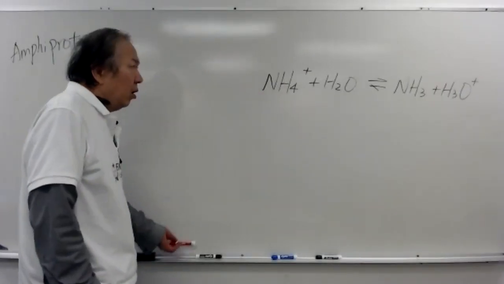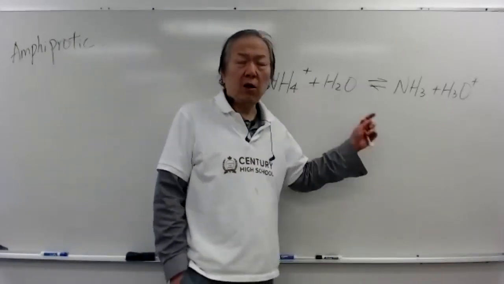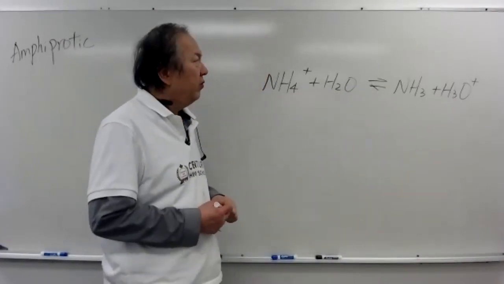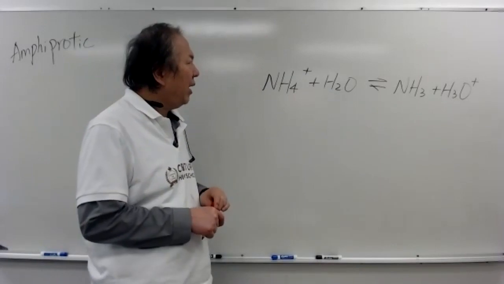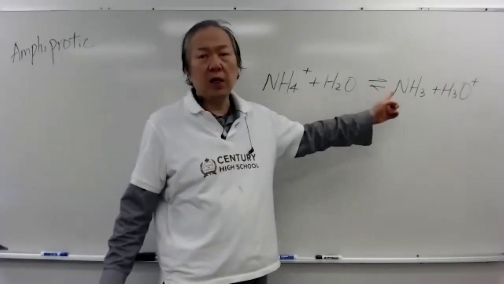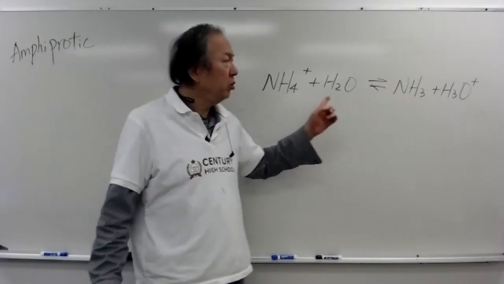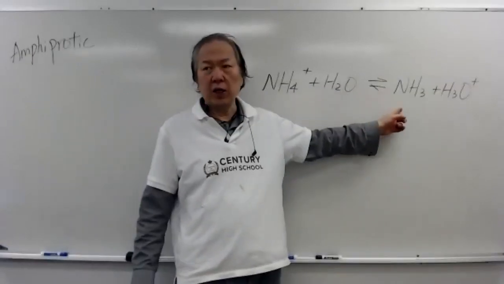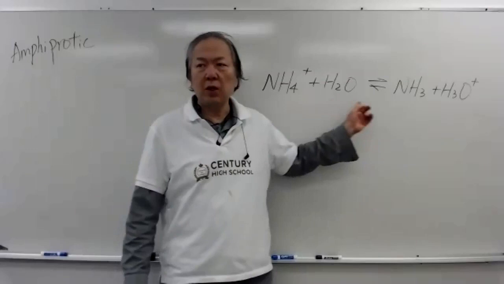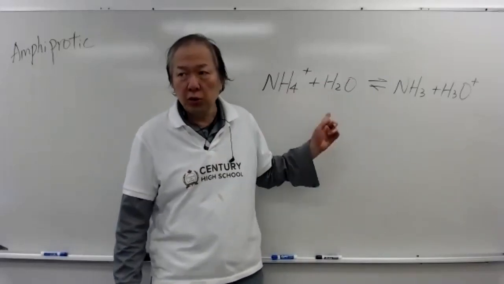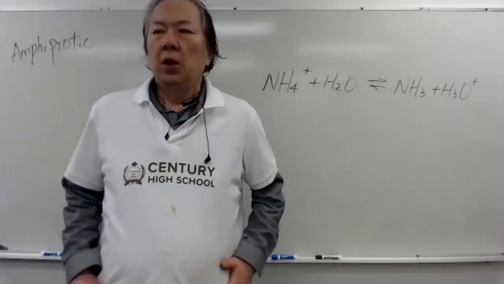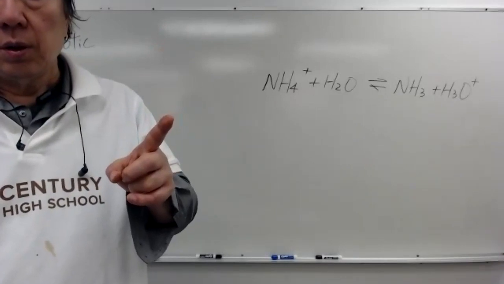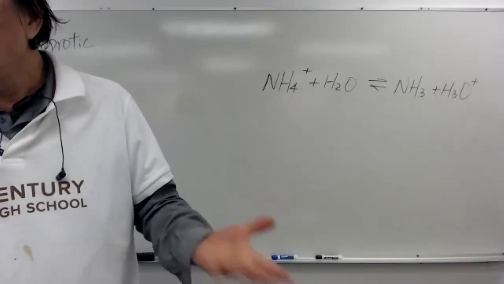First, we always go from the left to the right, the forward reaction. First one, we ask ourselves, how can my NH4 plus become the NH3? You go from the left to the right and at the same time, you lose one H. Then we call it the acid.